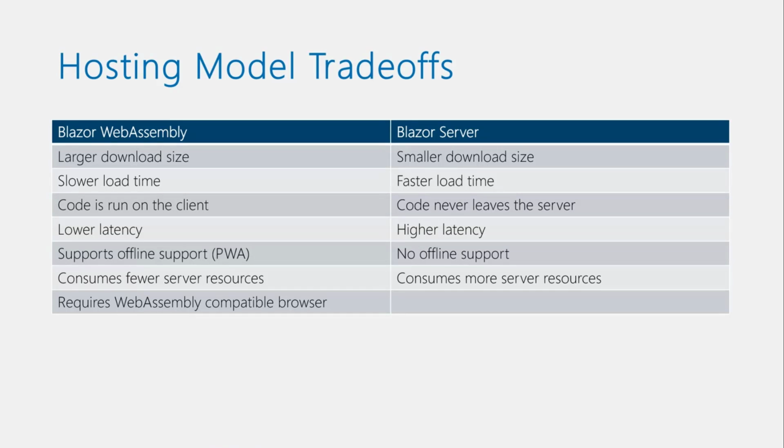Blazor WebAssembly has lower latency because everything's rendered in the browser and there's no network traffic to get the updates for the UI. Things are going to be much faster and appear much faster once that initial load is done. With Blazor Server, you have a little bit higher latency as you go to the server, get the UI rendered, and get that back and render it on your client side. So there are milliseconds of latency in that round trip.